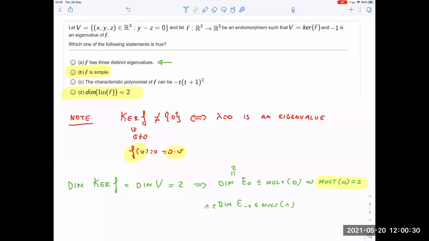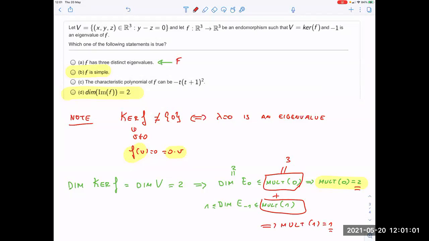But since the sum of the multiplicities is the degree of the characteristic polynomial, so it is 3, and since this one is 2, it must be that the multiplicity of -1 is 1. And so there cannot be other eigenvalues, right? Because otherwise the degree of the characteristic polynomial should be larger than 3. So this is why this is false.